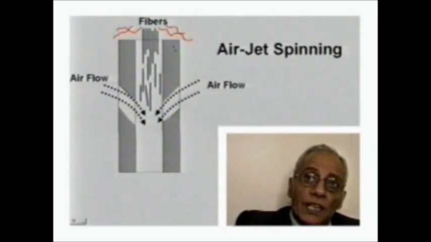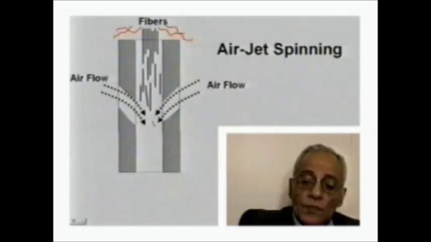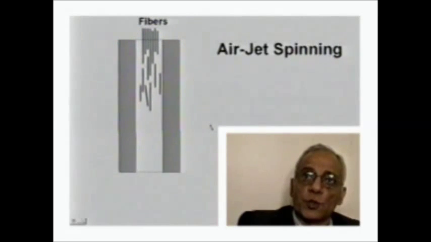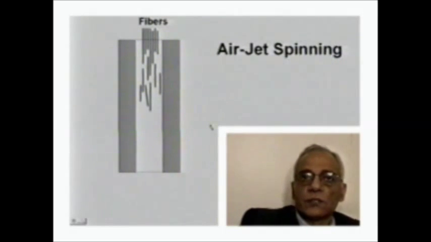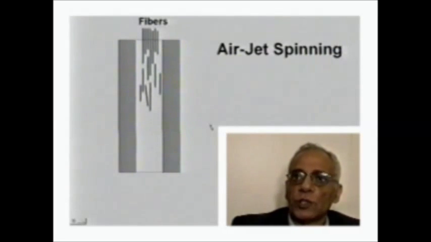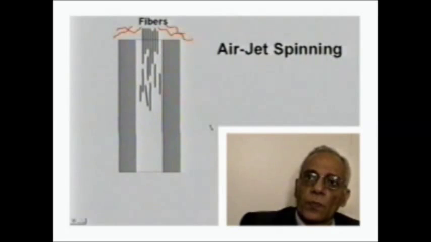Now, also note that there are some fibers here that are separated from the fiber flow, from the sliver as it's fed. So really we are talking about two key issues here. First of all, the fiber strand going into air-jet spinning does not exhibit a continuous flow. Instead, some fibers are being separated.